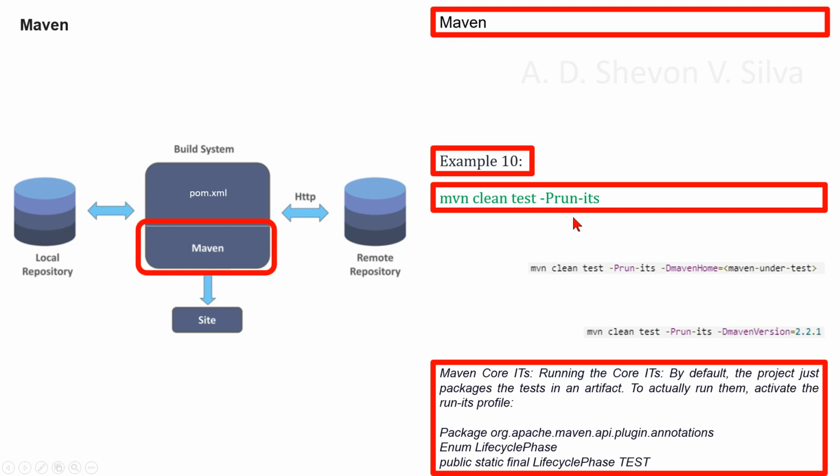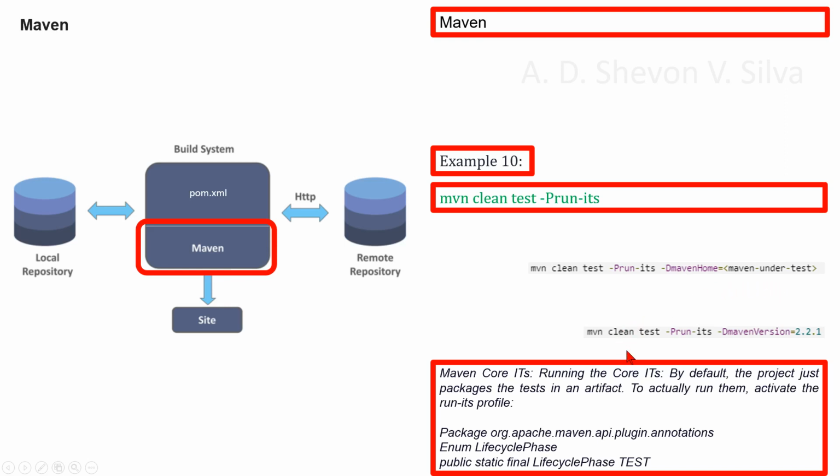This will subject the Maven version running the build to the integration tests. If you would like to test a different Maven distribution, you can also use the maven.home system property to specify the path of the Maven distribution to test, like here.